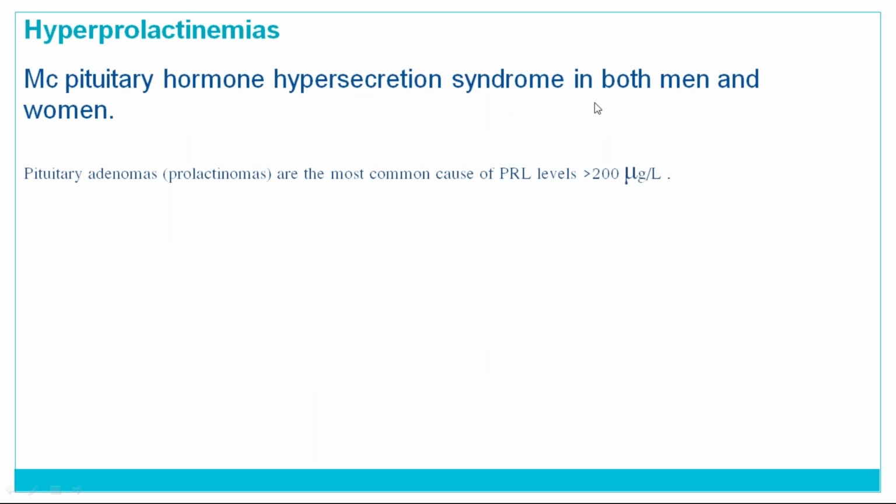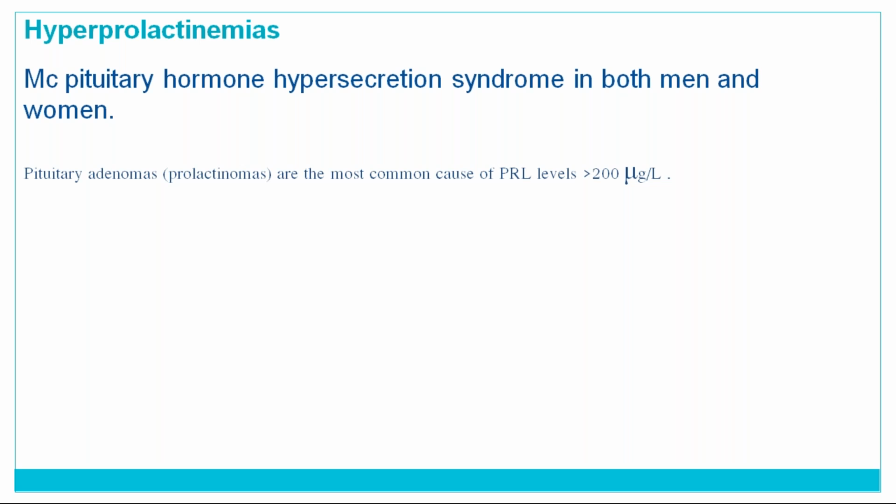In both men and women, the most common pituitary hypersecretion syndrome is due to hyperprolactinemia. If the prolactin level is more than 200 microgram per liter, then it is most commonly due to prolactinoma. Do you know any other causes of increased prolactin levels in the body, other than adenomas?